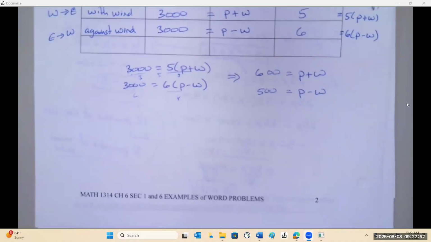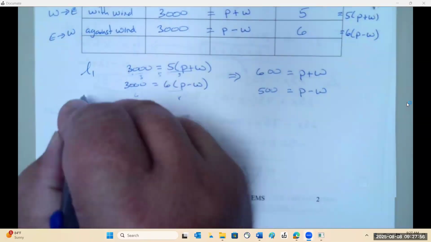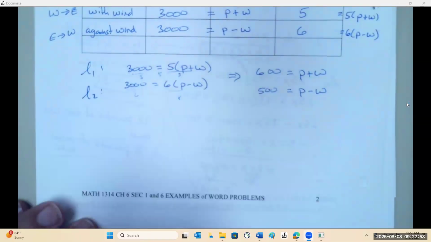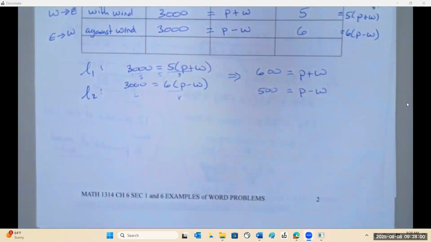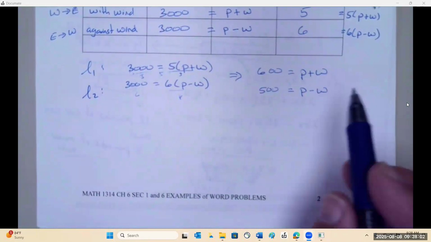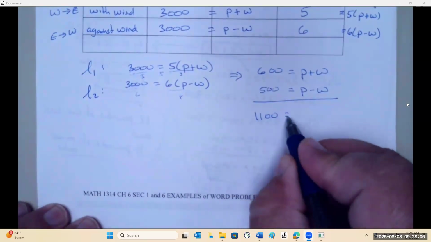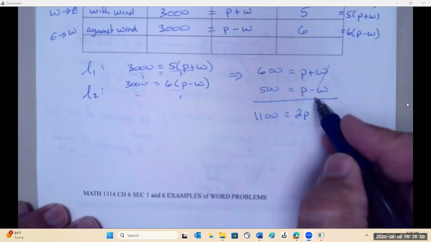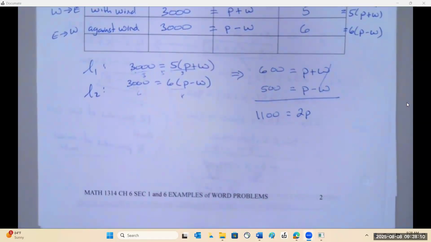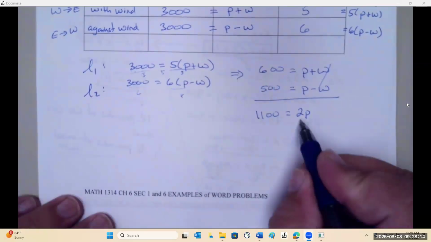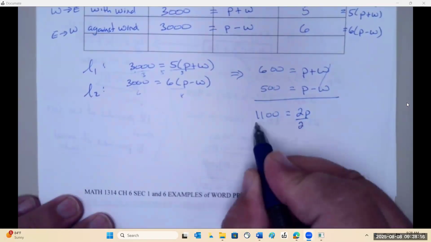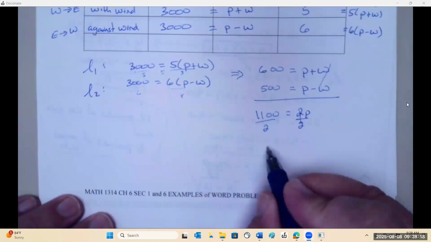So what method would be easiest to use here? This is equation 1, this is equation 2. Yeah, because we have W. If we add these two lines together, what happens? The W's cancel. So we know the speed of P is what?